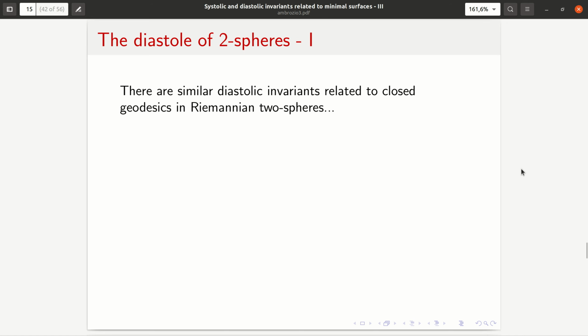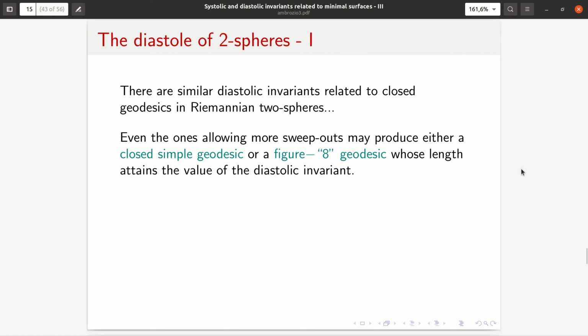There are similar diastolic invariants related to closed geodesics in Riemannian two-dimensional spheres. But there are different ways to implement it, and even the ones allowing more sweep-outs, or a bigger class of sweep-outs, may produce either closed simple geodesics or figure 8 geodesics, whose length attains the value of the diastolic invariant.